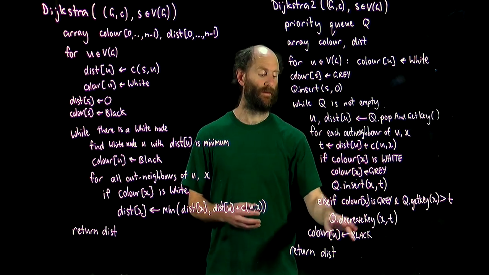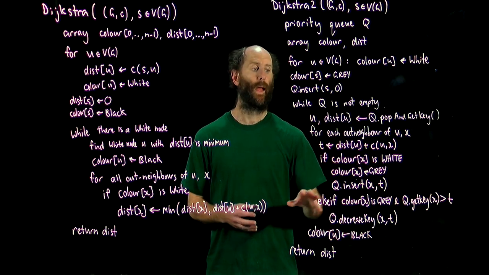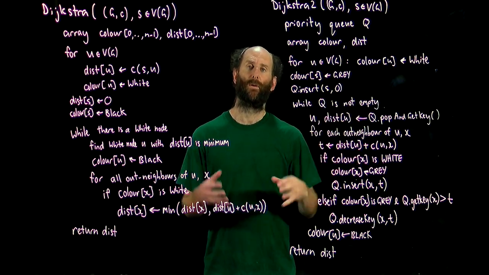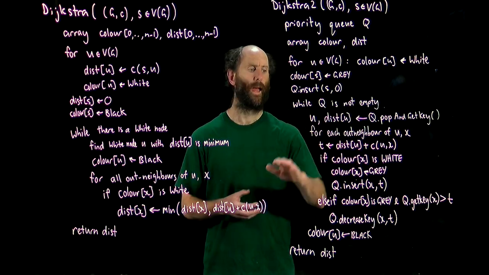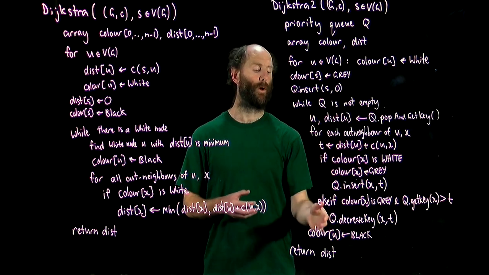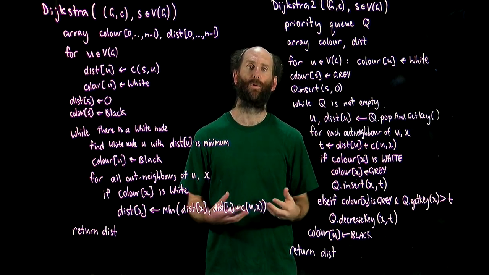Once we've done this for every out neighbour of u, we'll colour u black and we'll get the next node which is closest to the black set S. As you can see, every time we pass through this loop, one more node gets coloured black, and so eventually we'll finish, all nodes will be black.